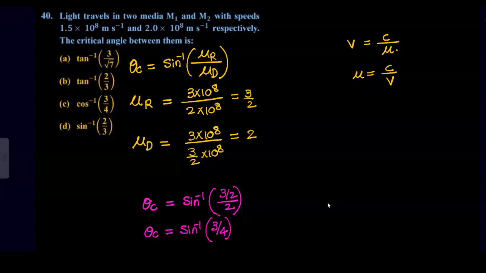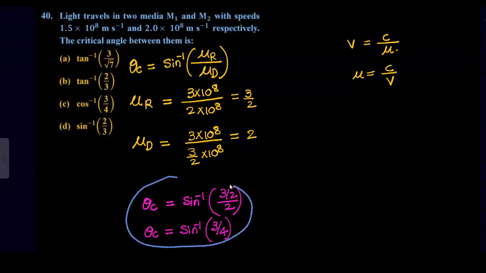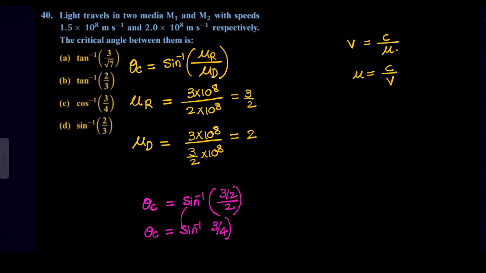So we need to get other angles. We'll check it. Cos is there, tan is there. So how will we get these other angles?